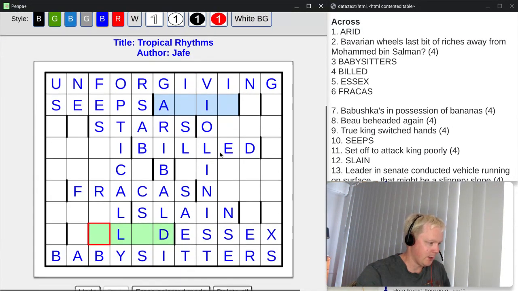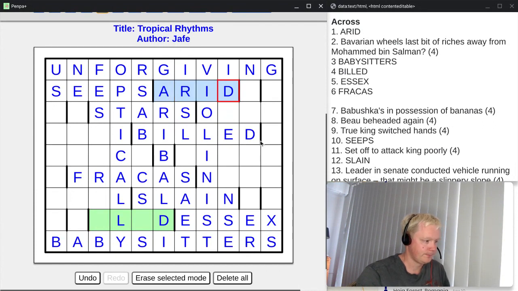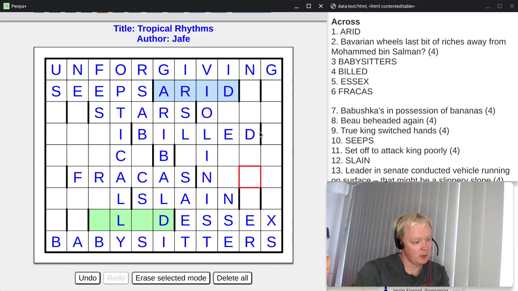And then we put in arid. So that's one of the 4 words of size 4. Now, this is now going to be after arid, but before babysitter. So that's alphabetically, that's very restricting.